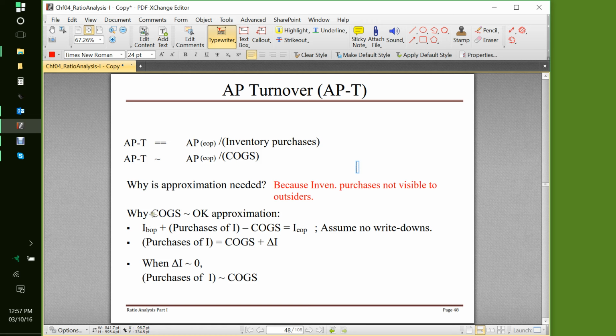In all cases, we'd be outsiders. Okay, so why is cost of goods sold a reasonable approximation to inventory purchases? Well, it's not always, but let's see how I get to this approximation, and then think about when it's going to be a good approximation and when it's not.